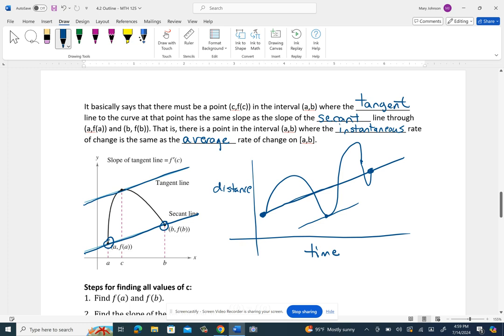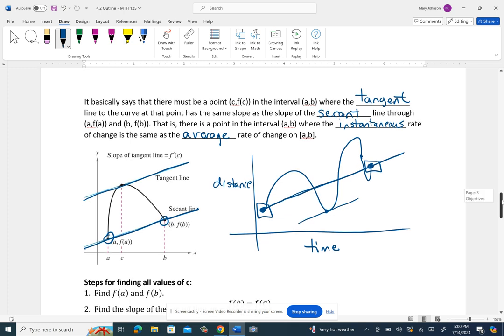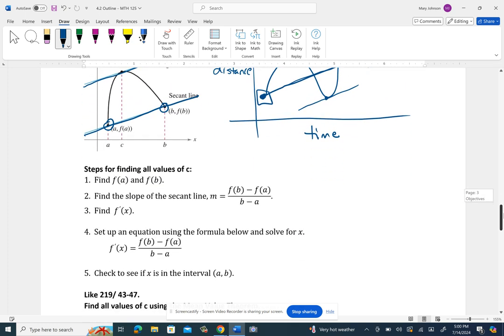It's not a max or min necessarily. It's not the highest or the lowest point. Also notice, unlike Rolle's theorem, these endpoints don't wind up having to be at the same height for this to be true. Okay. All right, so the steps are there when you need them.